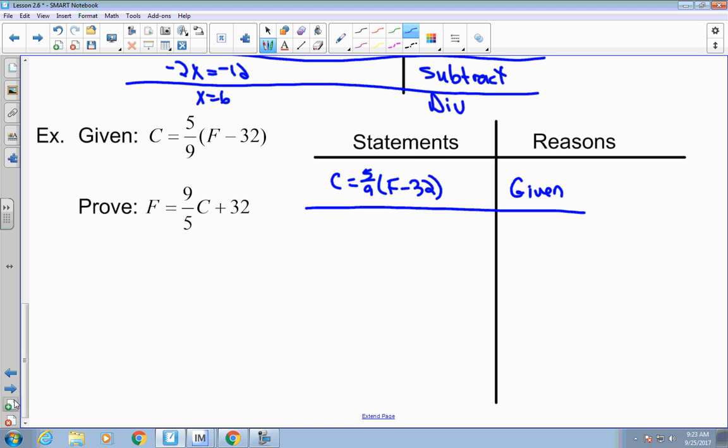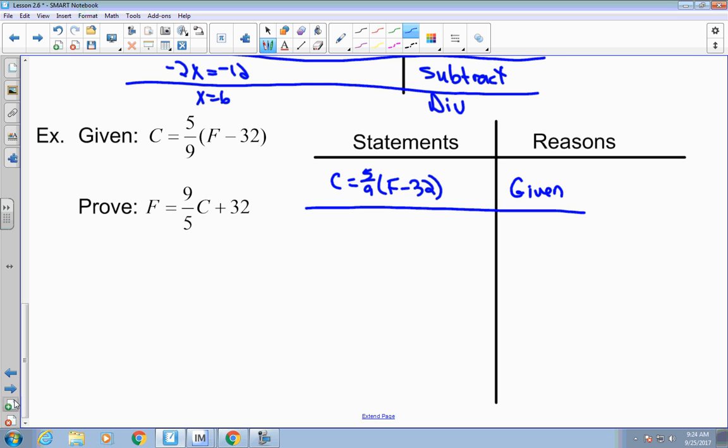Okay, I want to get F by itself. You can do a couple of things here. You could distribute, yes? Or you could multiply both sides by 9/5. Could you do that? That would get rid of the 5/9, right? Okay, and that's going to make your life way easier than if you had to distribute the 5/9, okay?